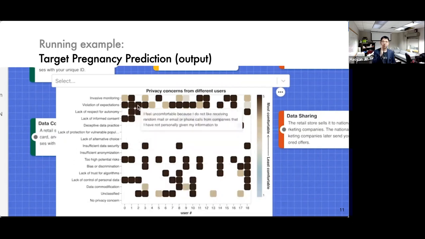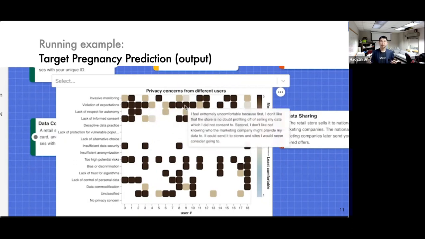Each column corresponds to one evaluator. The redness in each block indicates the level of discomfort. When a practitioner hovers her mouse over a block, a tooltip containing the raw textual feedback will pop up. Through these visualizations, practitioners can have both quantitative and qualitative views of potential privacy concerns.